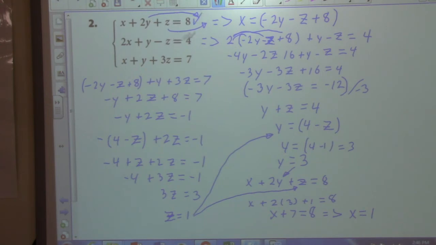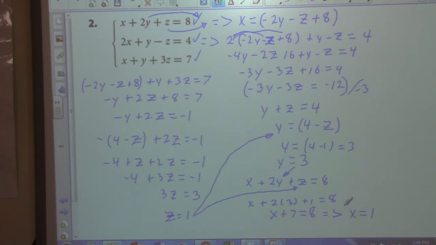Check. And you similarly do the same. 2 times x, that's 1, that's 2, plus 3, so 2 plus 3 is 5, minus 1 is 4, check. And finally we have 1 plus 3 equals 7? No, 1 plus 3 plus 3 equals 7, check. So they all check.